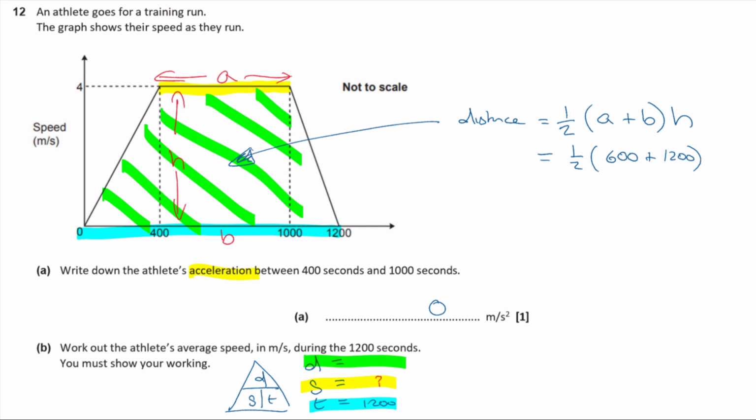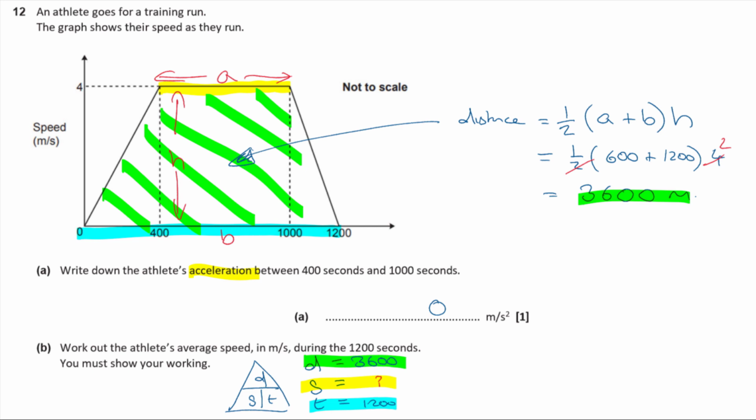H is from 0 to 4, so times 4. I'm going to divide that 2 into the 4, and that leaves 600 plus 1,200, that's 1,800, times 2, that's 3,600. So that's 3,600 meters, which is my distance for this calculation.